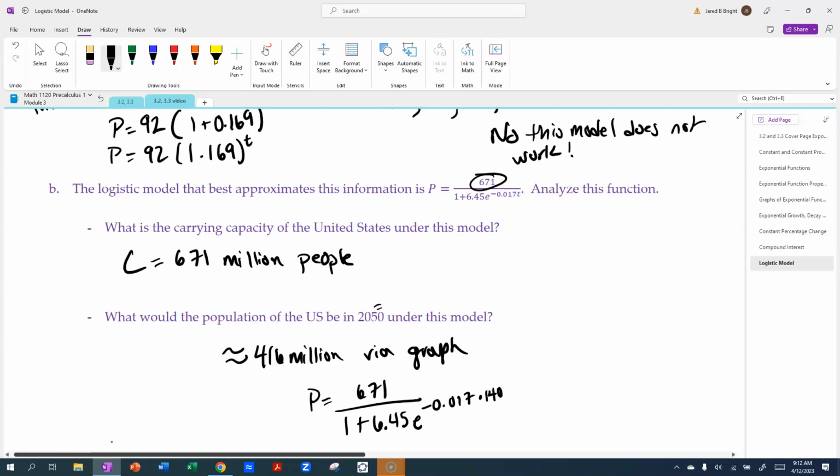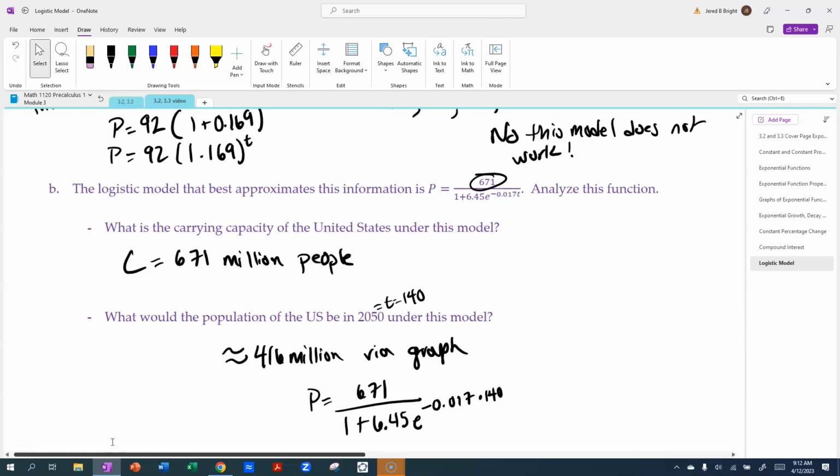Okay, so this is t is equal to 140. All right, and then we can do the calculation on our calculator. Okay, but that's not the point. I just wanted to make sure that we were able to look at the function, think about its carrying capacity, and go from there.